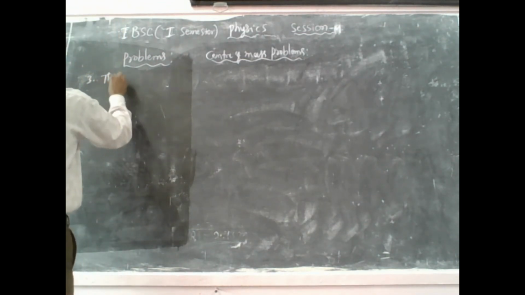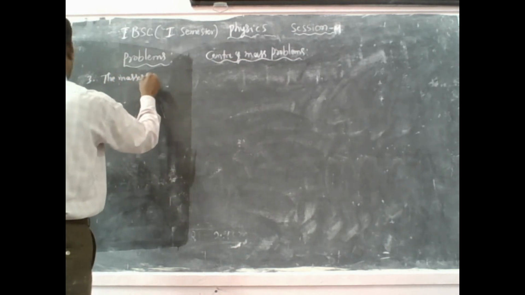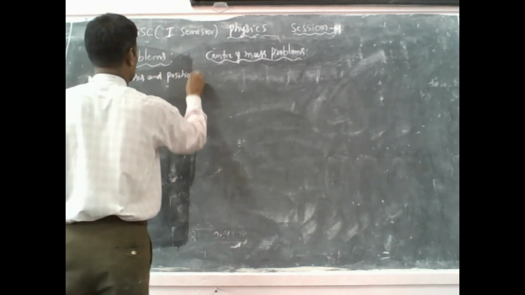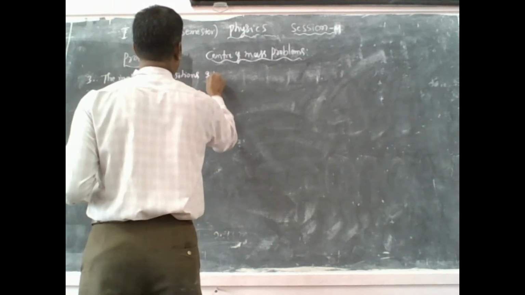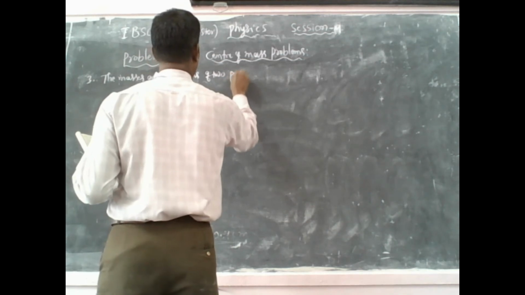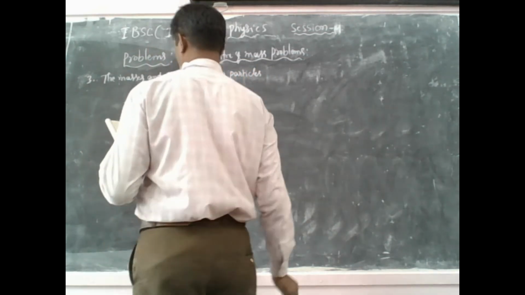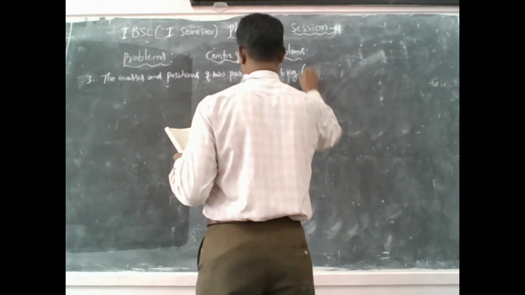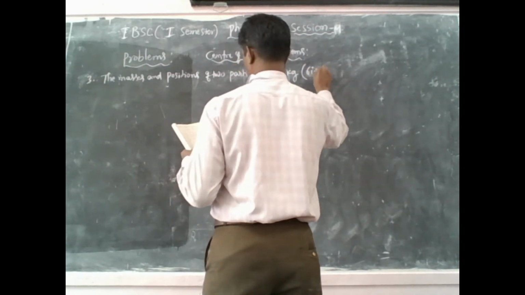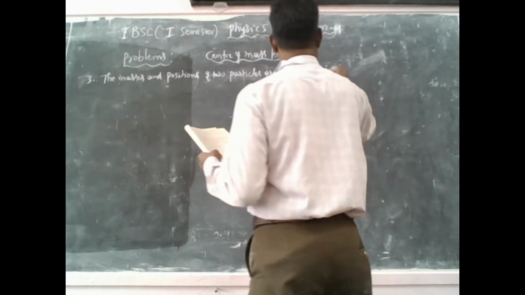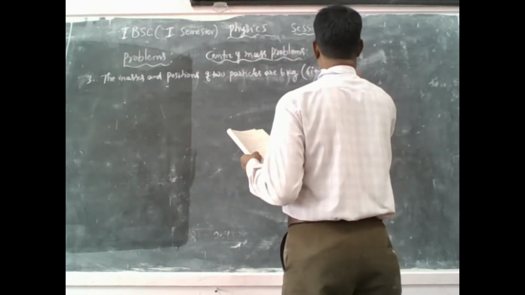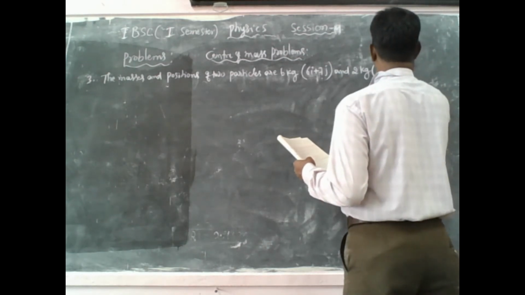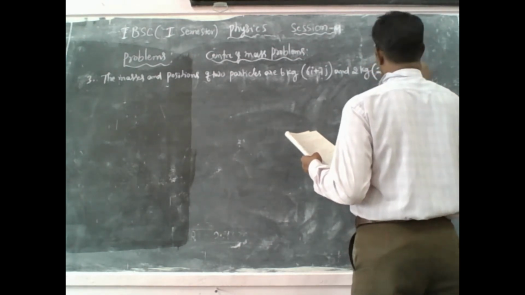The masses and the positions of two particles are 6 kg at 6i plus 7j, and 2 kg at 2i plus 11j minus 8k.